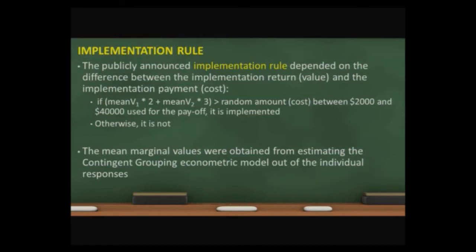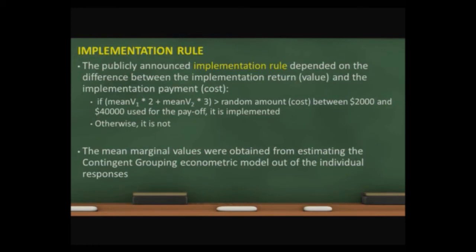So if the cost is higher than the value, then no implementation. If the value is higher than the cost, we implement. And the payoff is calculated, as we saw before, different for each individual. So rather standard. Okay, so that's the implementation rule.